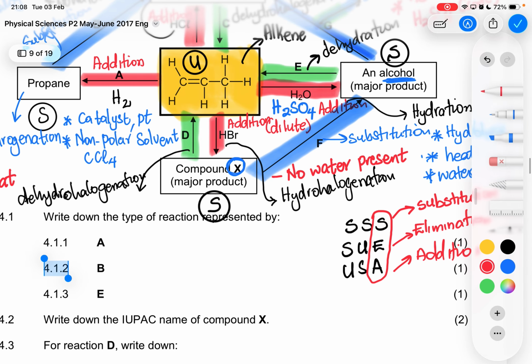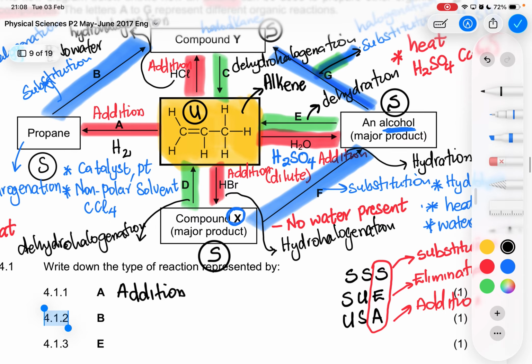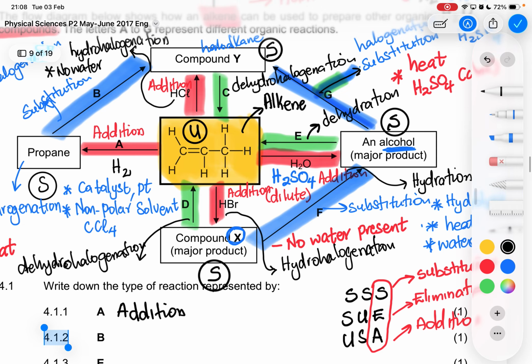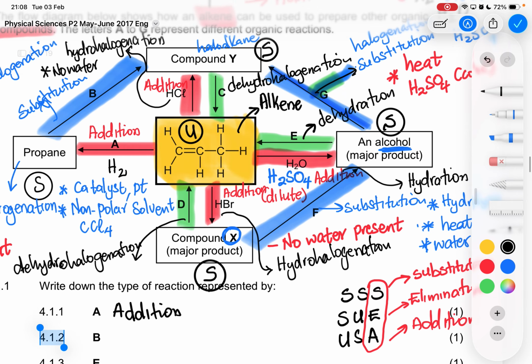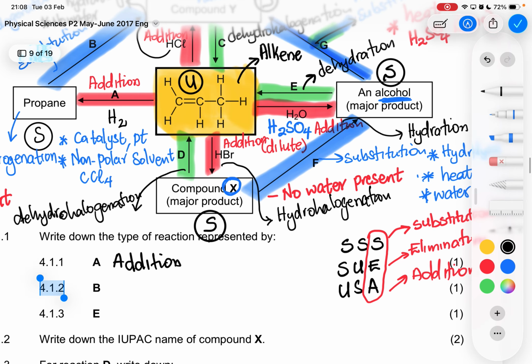Reaction A, according to Hotatsu, is saying that the answer here must be addition, in which I agree, because we are now taking in the information we have from our analysis there. What about reaction B? What is the reaction B?